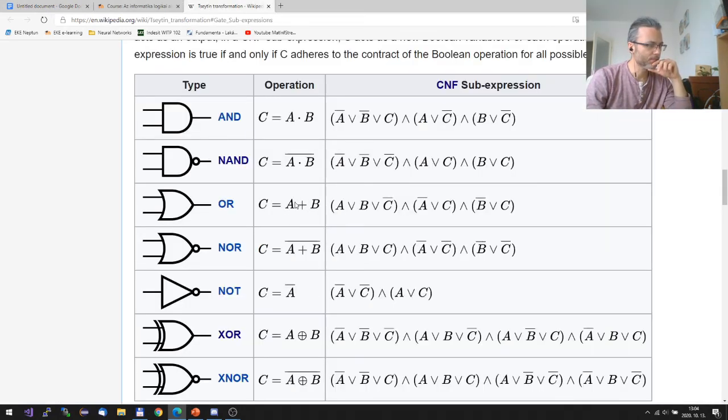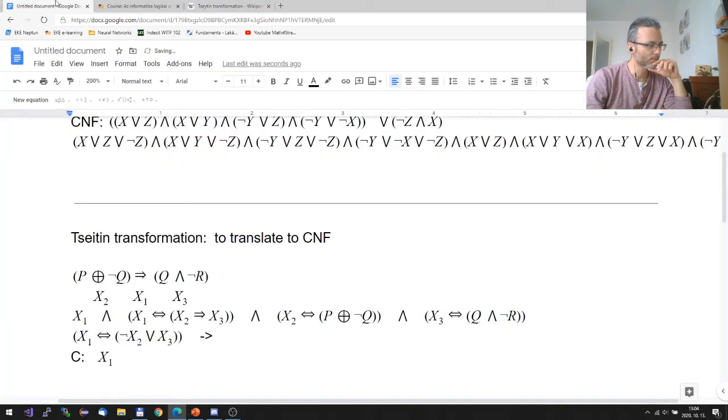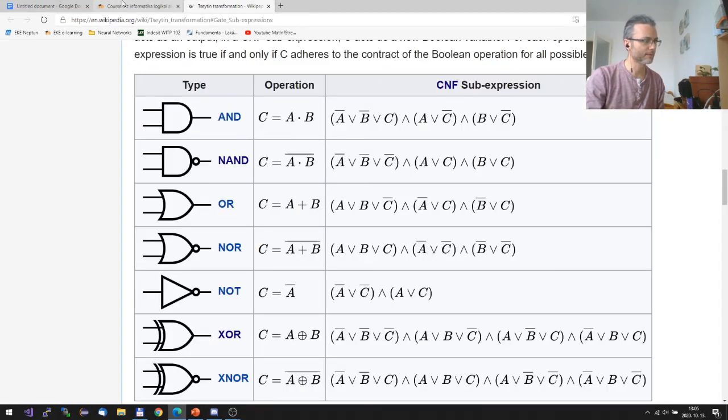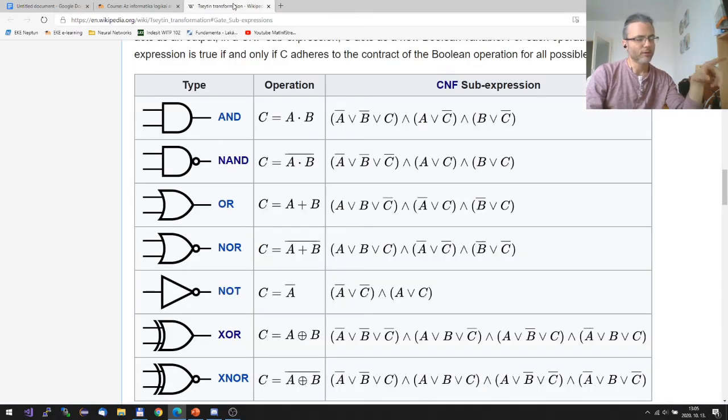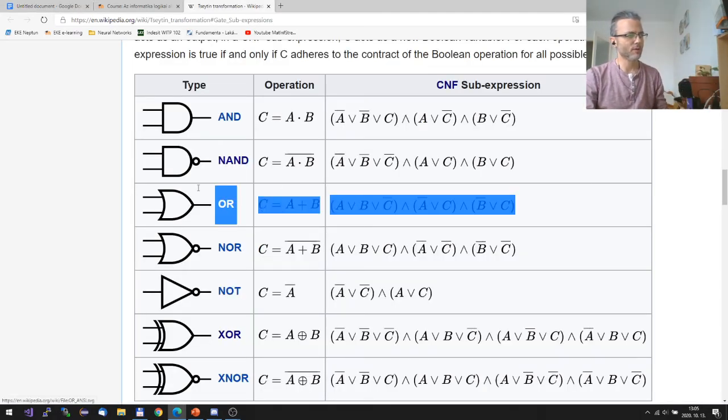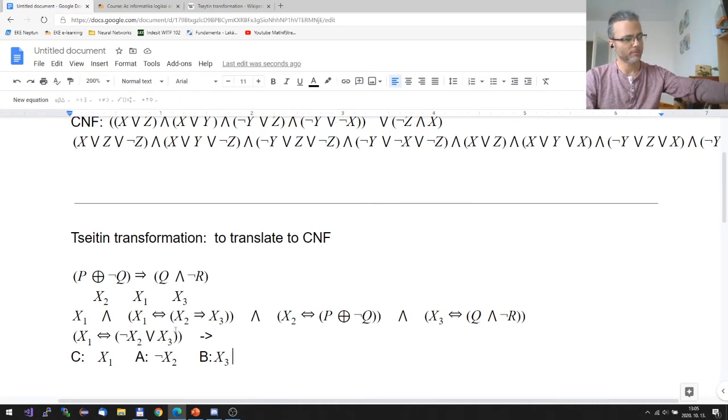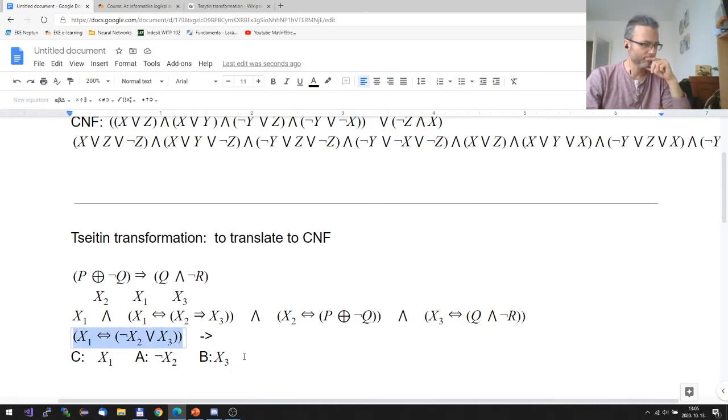Okay, A stands for not x2, and B stands for x3. So I hope you get this. I'm just drawing a connection between this row of the table and this particular definition here.